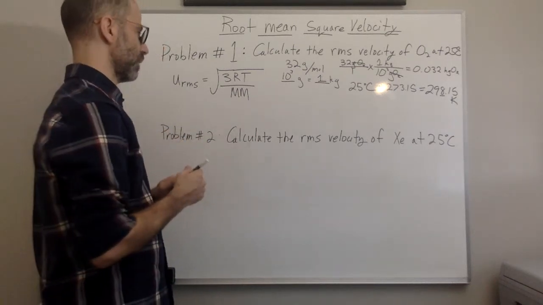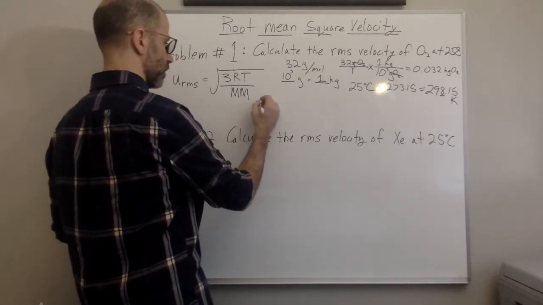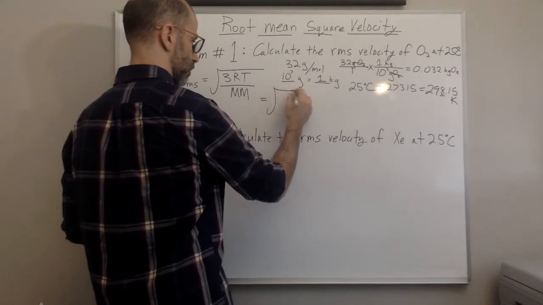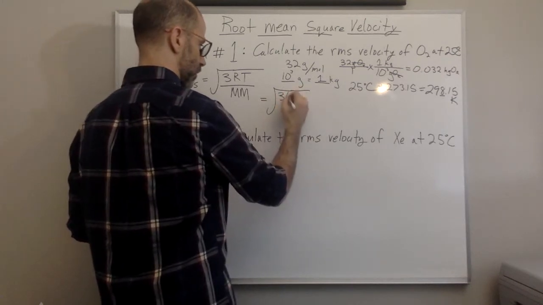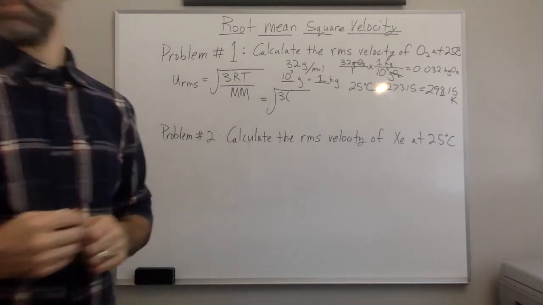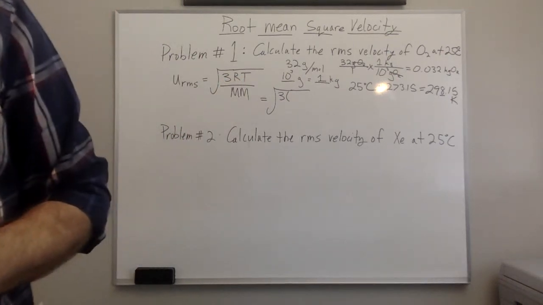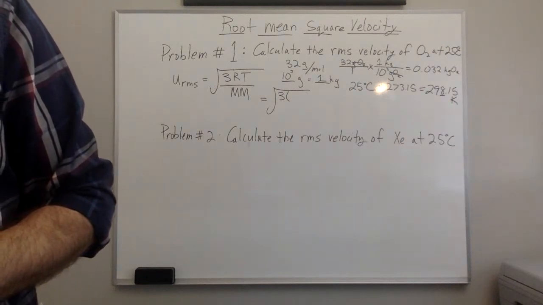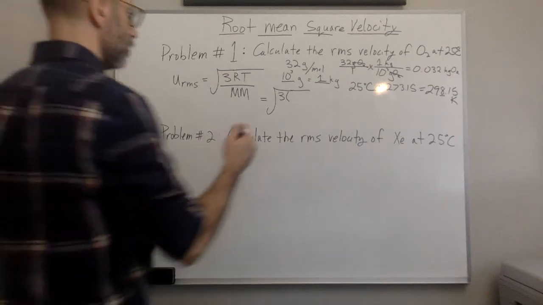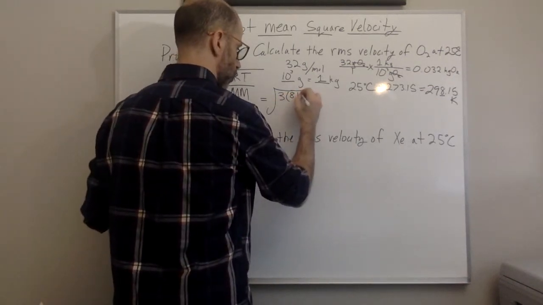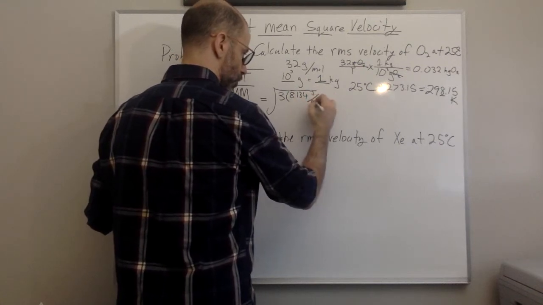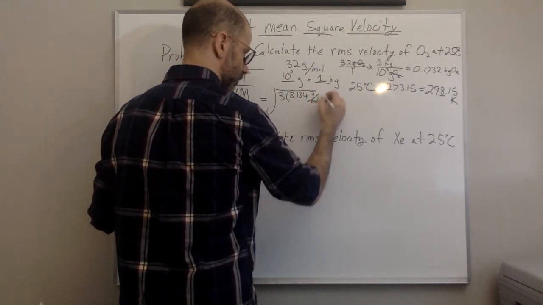Okay, so now I have everything I need. I'm going to plug into the equation. So I have the square root of 3, and in this case we have the R value. We need to make sure we have the R value correctly. The R value that we're going to use is 8.314, and again, remember that's joules per mole Kelvin.